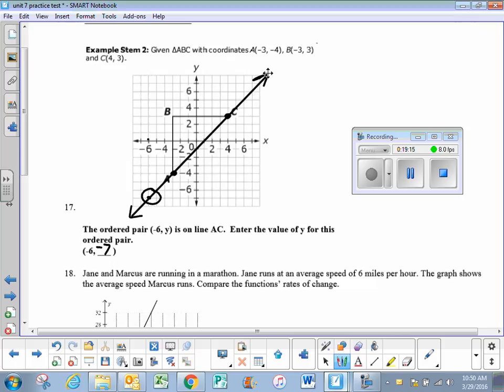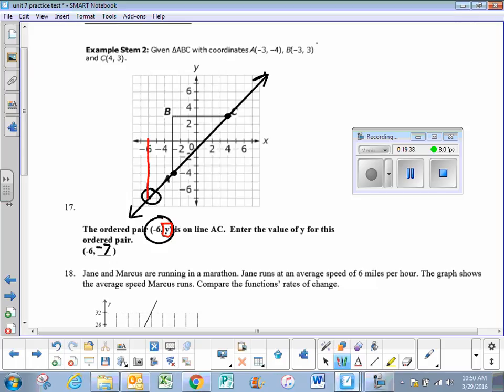Right? All I did is extend line AC, just like you guys can do with a ruler and a pencil. And then it's saying this ordered pair -6, y is on the line, but we have to figure out what y is, right? Well, how do I figure that out? I extend line AC to figure out when I go to -6, what do I get for my y value? -7.